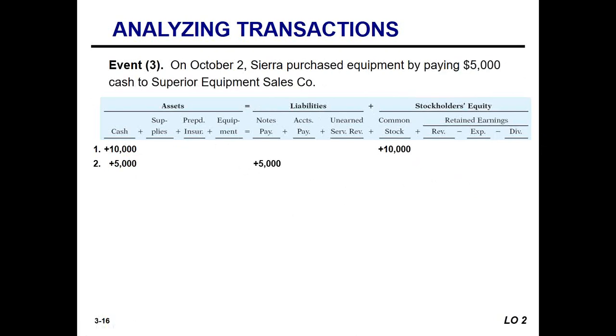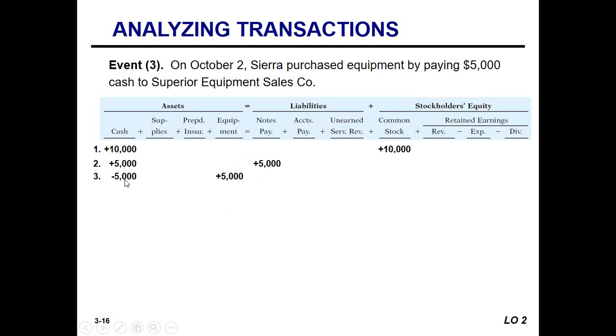Sierra then purchased equipment by paying $5,000 cash to Superior Equipment Sales. Buying equipment. This is not something we're selling in the business, but something we are using to do business. So it becomes an asset, and our cash is reduced. Now I want you to look at this. Both entries were on the asset side of the equation.